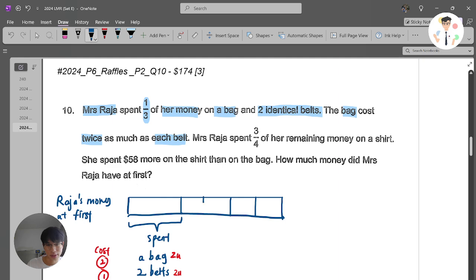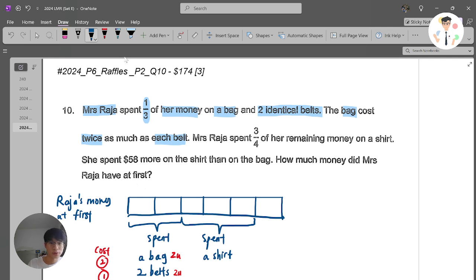Cut. Then now I have 4 already, right? But of course, I must cut here also to make it all equivalent to each other. And out of the 4 remainder here, I have 3 spent on a shirt. Okay, so far so good.